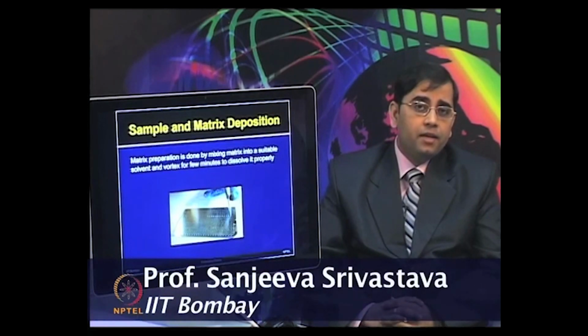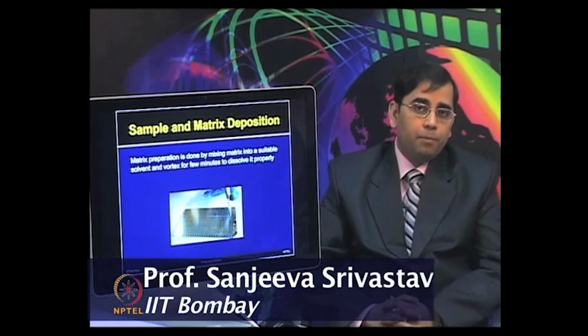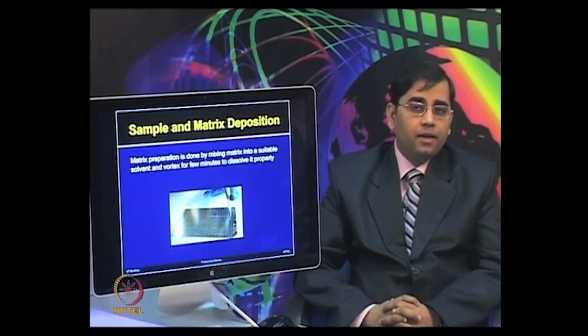So, one can try different combinations of placing the matrix and the analyte, and then once you have placed all of the samples of interest on the MALDI plate, you are ready to dry the target plate.